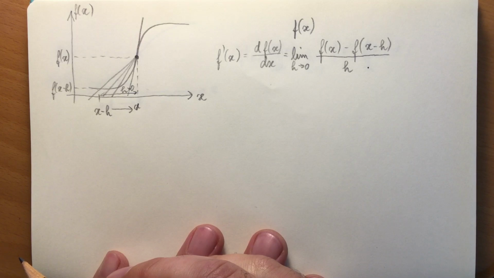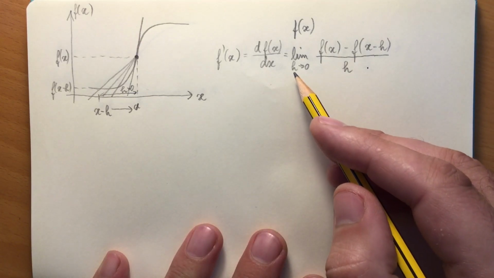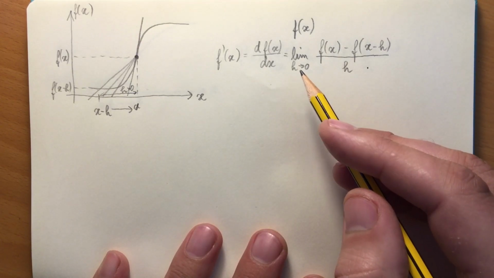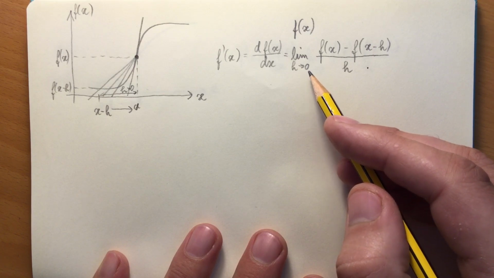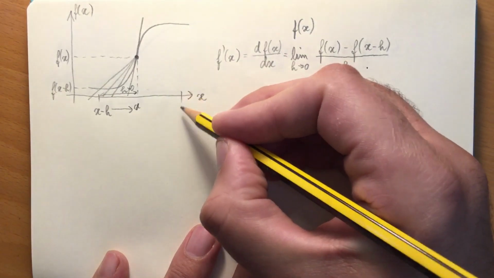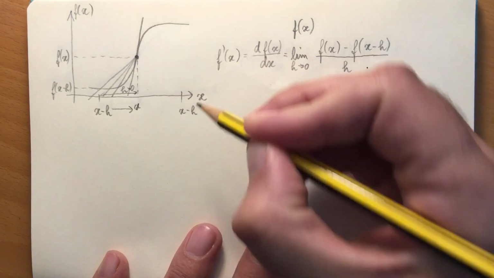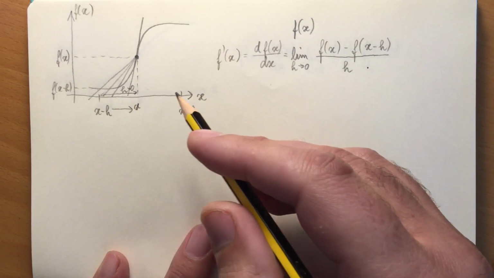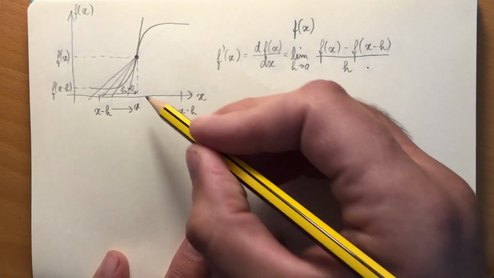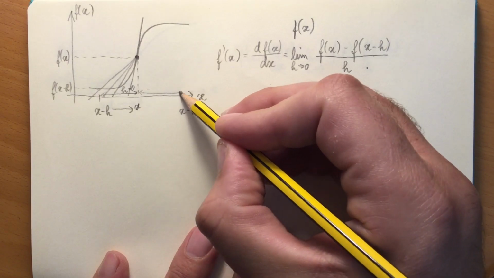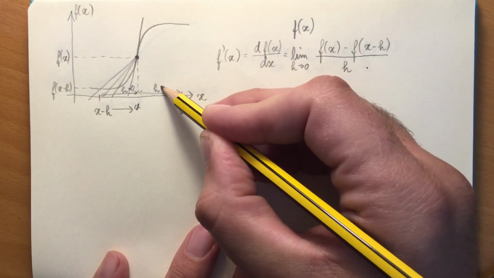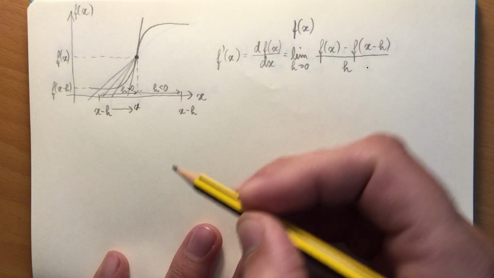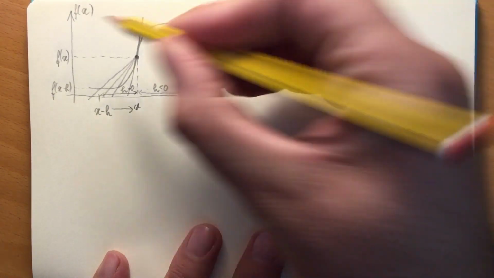On the other hand, if I restrict h to negative values, then x minus h will be to the right of point x. This distance here being h, which is less than 0.